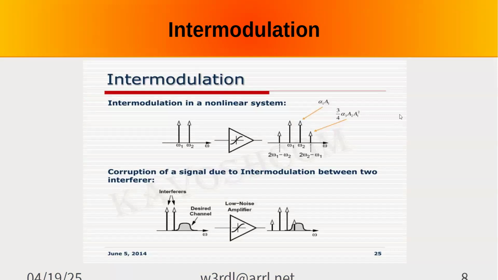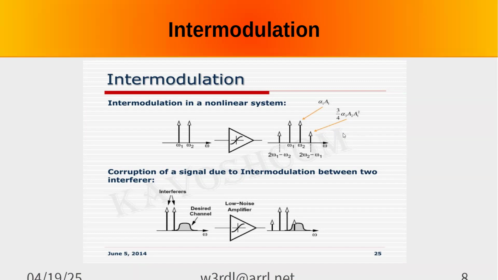In this little example, you've got two signals, omega 1 and omega 2, coming into the nonlinear amplifier. That's what the little curved line indicates. So what you're going to get out is omega 1 and omega 2, and then the sum and difference products, which would be 2 times omega 1 minus omega 2 and 2 times omega 2 minus omega 1.